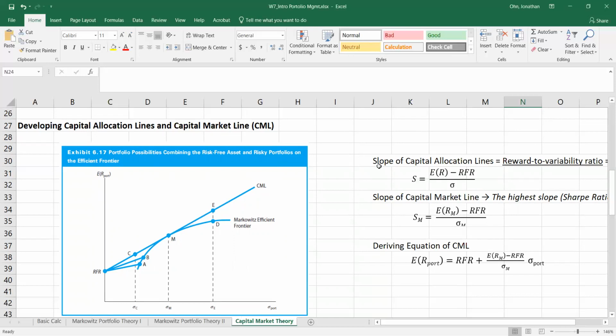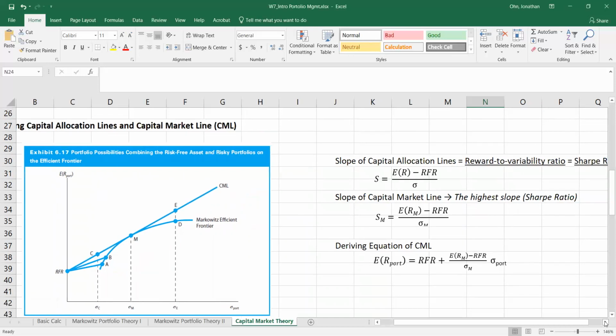let's talk about the slope of a capital allocation line. The capital allocation line connects the risk-free asset and risk-free asset A or risk-free asset and B, right? That's the example, but A and B are dominated by the capital market line.